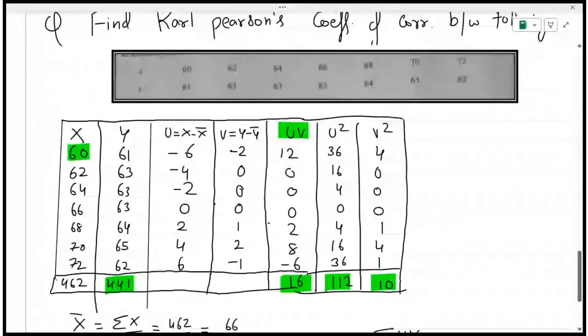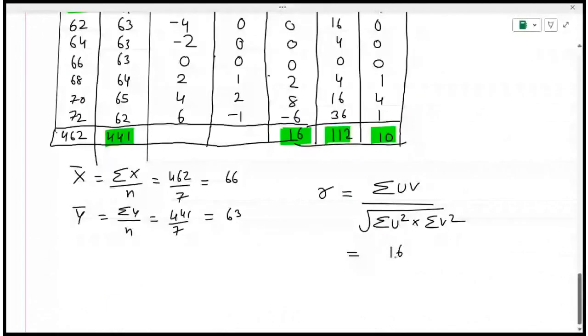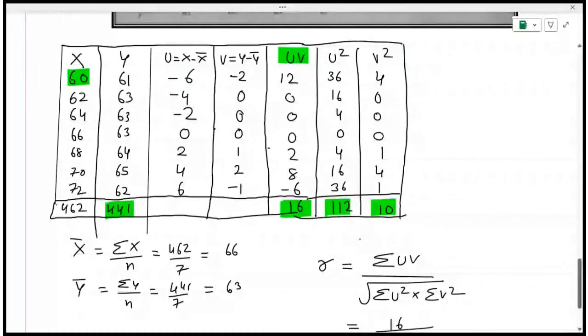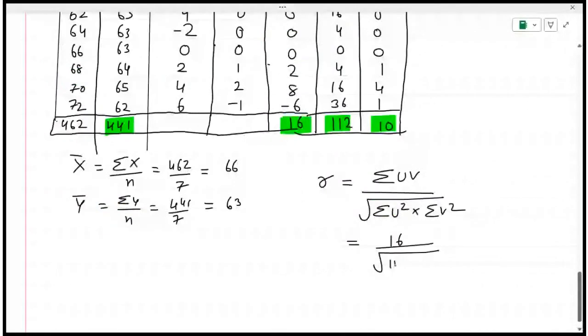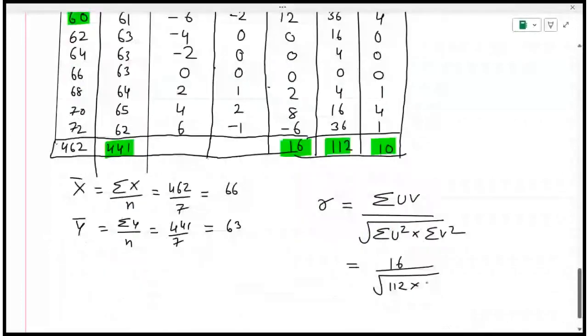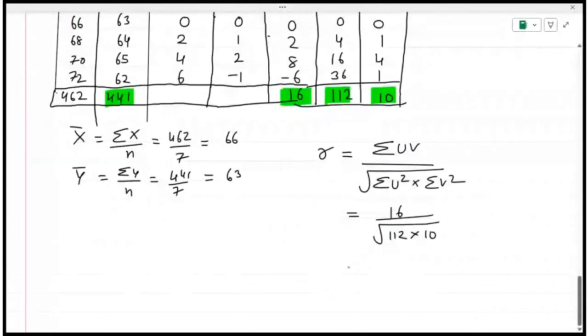So 16 divided by the under root of the sum of u square, which we found to be 112, multiplied with the sum of v square, which is 10. So now we simply need to take the under root of 112 into 10. Let me do the under root of this.